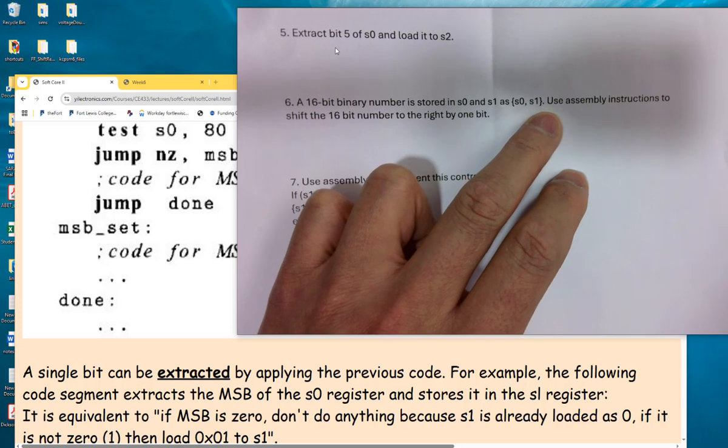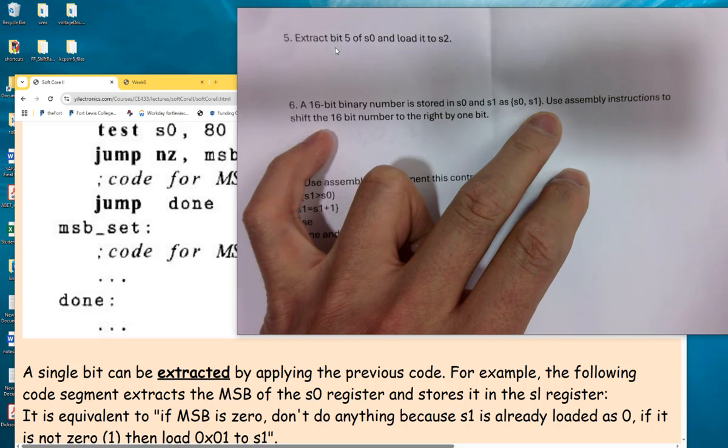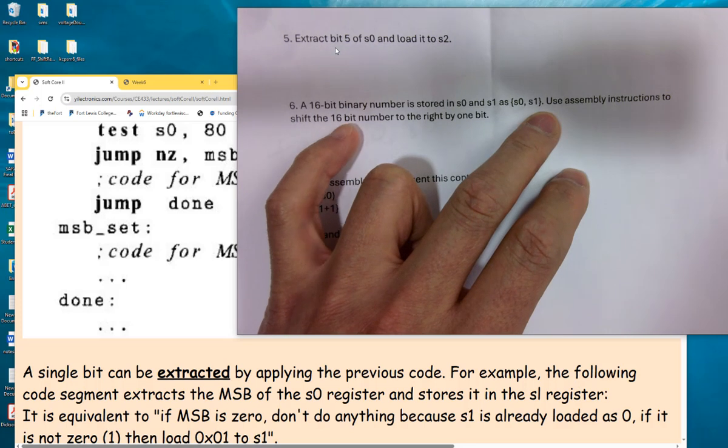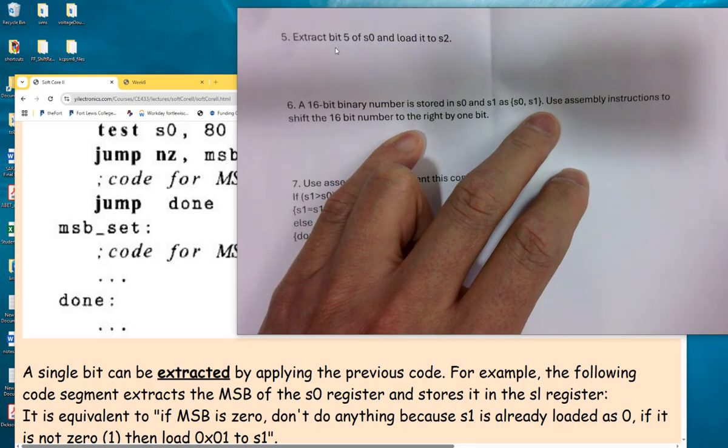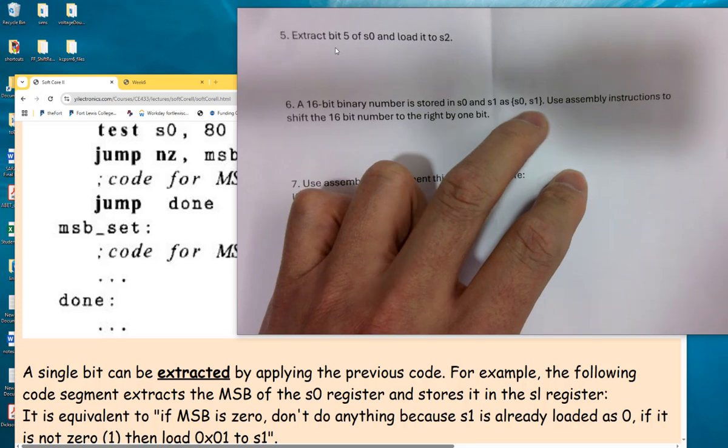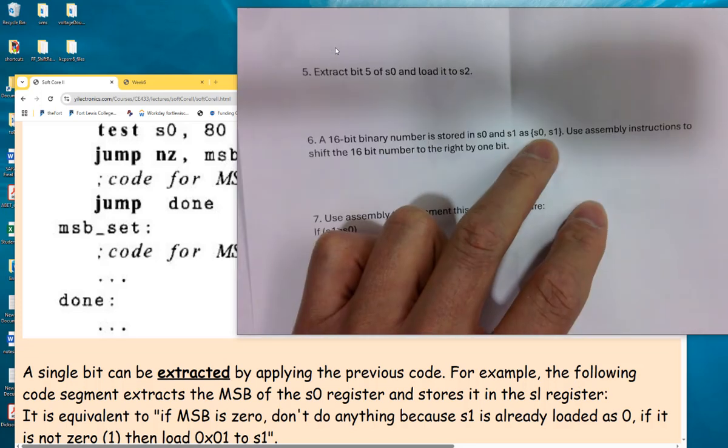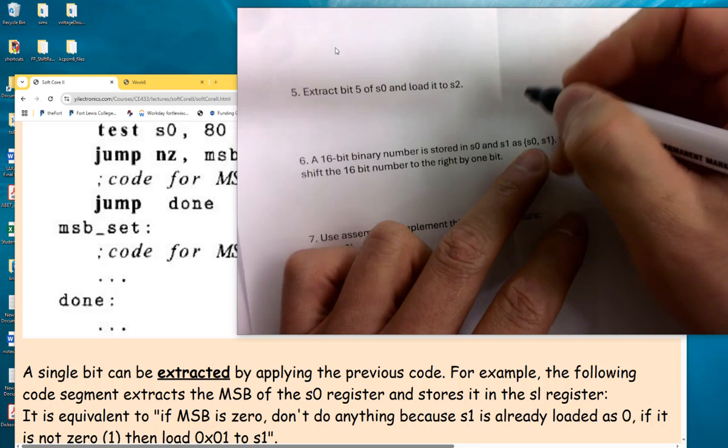And it's asking you to use assembly instructions to shift the 16-bit number to the right by 1 bit. Which means the LSB of S0 has to go to the MSB of S1. Do you agree with that?